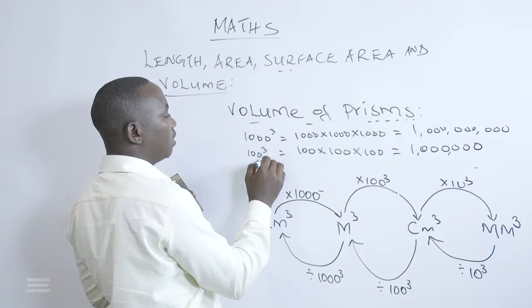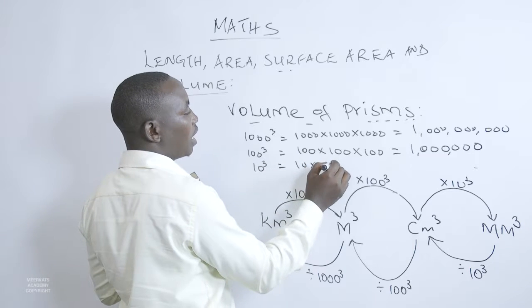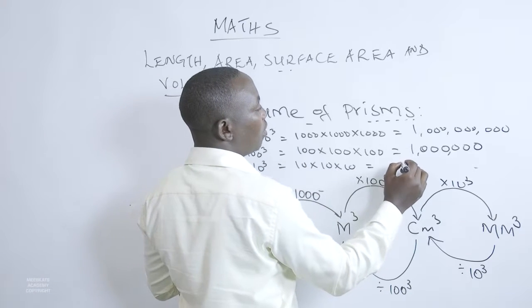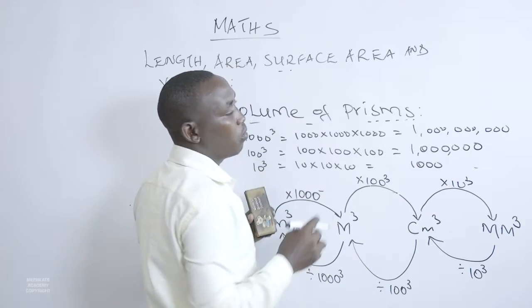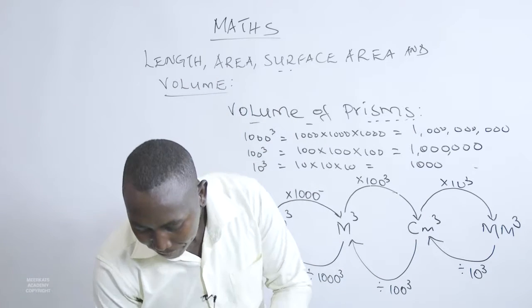And then 10 cubed is the same as 10 multiplied by 10 multiplied by 10, which is equivalent to 1000.